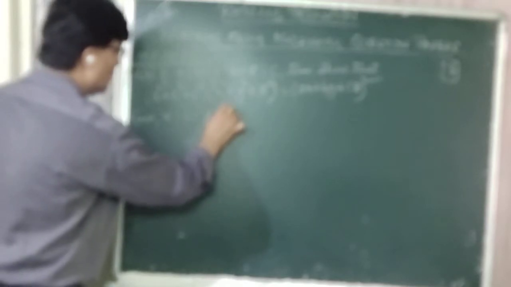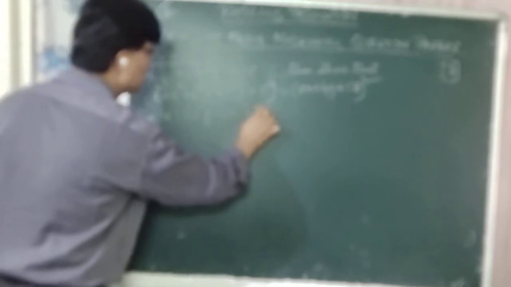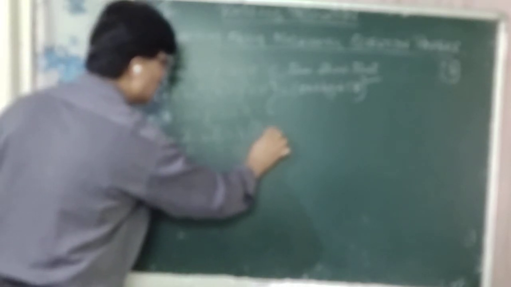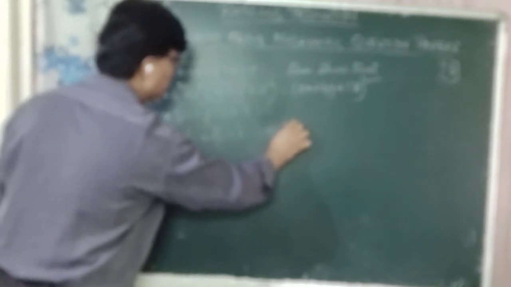Okay. So here given is x is to a is equal to y is to b is equal to z is to c. Okay. So let us assume the k method. Let this ratio, you can write it in terms of fractions: x upon a is equal to y upon b is equal to z upon c is equal to k, suppose.